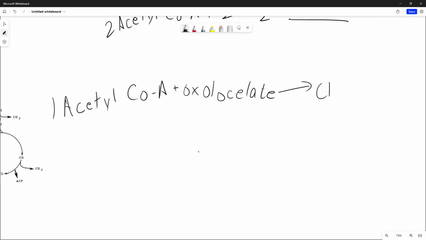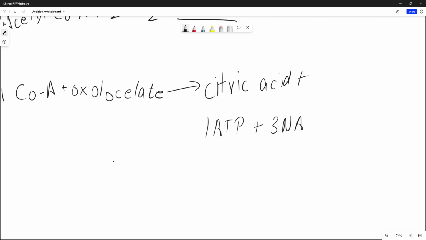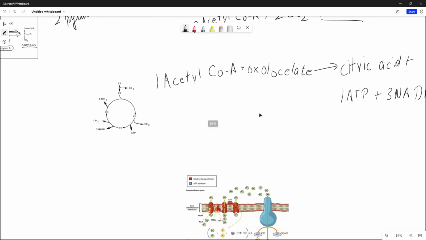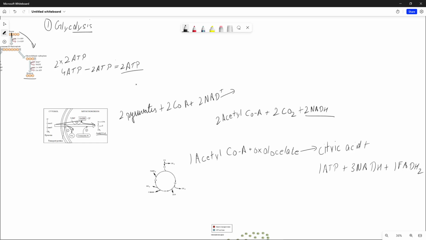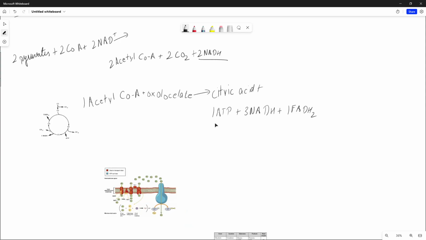And citric acid, you may or may not know, is found in oranges and lemons. And this gives us plus 1 ATP plus 3 NADH plus 1 FADH2.